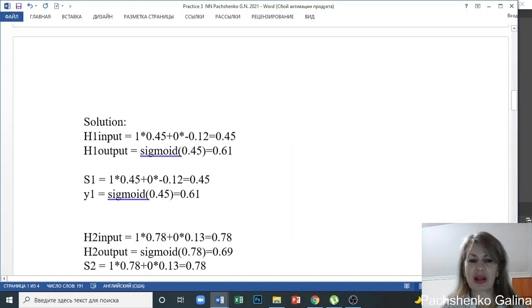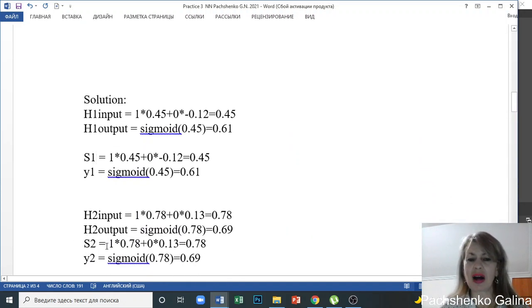This is our sum. Sometimes we call it input to the neuron. So it's the input to neuron H2. And we multiply our first input by W2 plus the second input, which is equal to 0, multiplied by W4. Let's check.